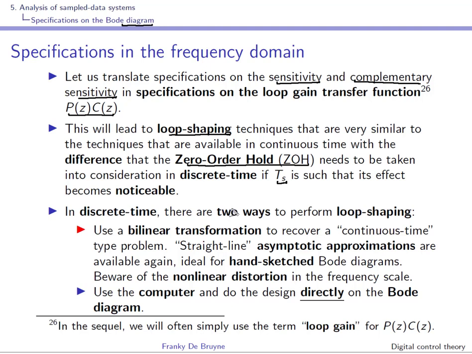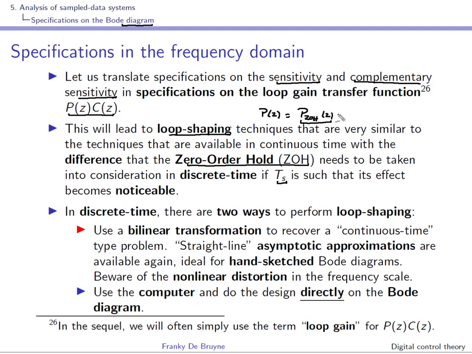So the zero order hold mechanism will play a role, so we'll have to base our loop shaping on P(z) equal to PZOH(z), so that the zero order hold mechanism is taken into account.